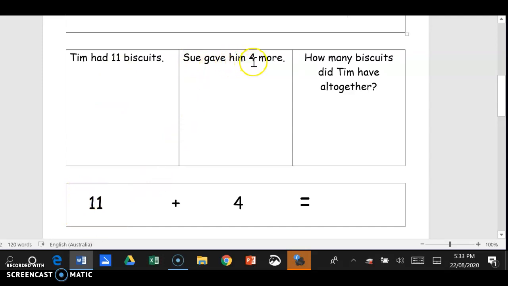Sue gave him 4 more. There's the number 4 there. How many biscuits did Tim have all together? So we know we have to add the numbers. 11 plus 4 equals 15. So how many biscuits did Tim have all together? 15. I hope he shared with someone.